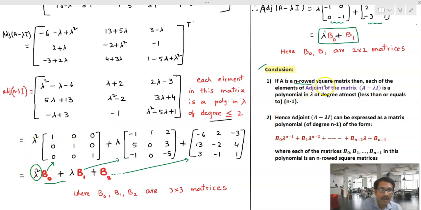Similarly, for an n by n matrix, the adjoint of A minus lambda I can be expressed as a matrix polynomial of degree n minus 1. Are you convinced with this? Otherwise, please pause here, go back again to the examples of 2 by 2 and 3 by 3 and try to convince yourself with these two conclusions, right? We will go to the next point.